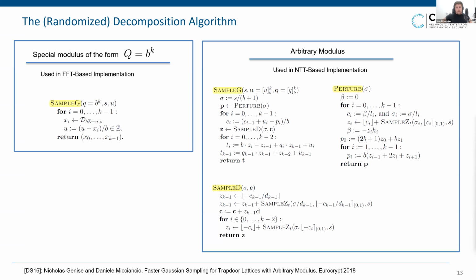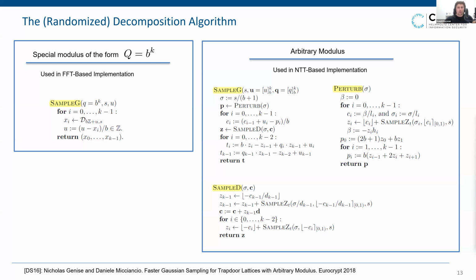Okay, so remind you that we need to implement this randomized decomposition algorithm. So I implemented 2 algorithms, both from a paper by Genise and Micciancio. And don't worry, I'm not gonna go into the details of these algorithms, but I just want to showcase the visual complexity of both algorithms.